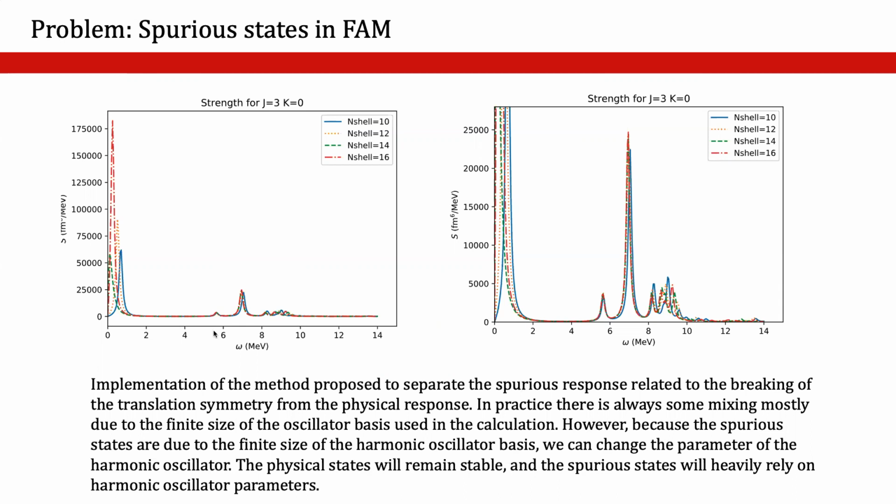As we can see, the physical states are relatively stable against the change of the number of shells, which also shows our calculation is converged with the number of shells. But the spurious states, which will give us very high phonons at very low energy, and in PVC these low-energy phonons are very important, so we must separate the spurious states from the physical states.